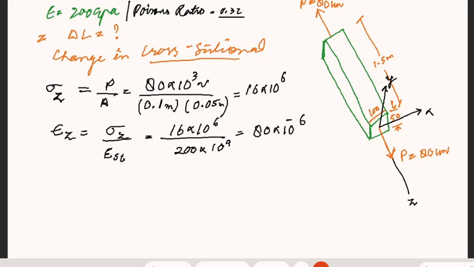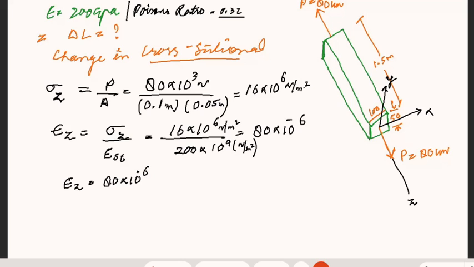Okay, it will be again Newton per meter square. If it is Newton per meter square here, we need this to be also Newton per meter square. So we will be having strain in z direction as 80 into 10 raised to the power of minus 6.